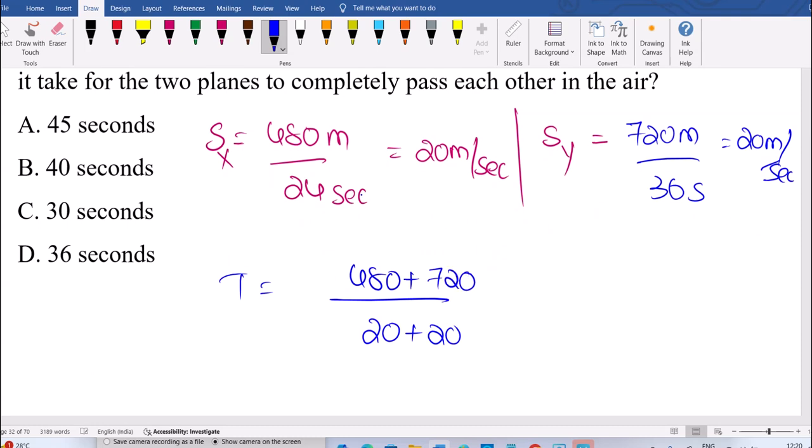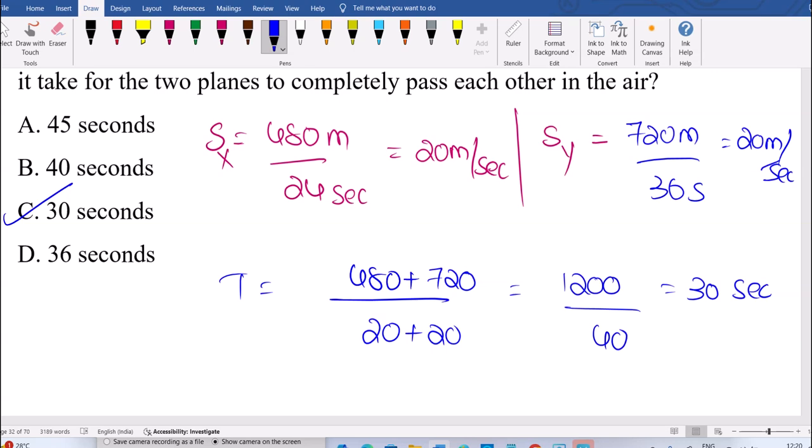Why are speeds added? Because they are in opposite directions. And distance, because previously the tower length or pole length is negligible. Now a train is crossing another train. We cannot neglect it. So this train plus the other object. That object may be a bridge, it can be a platform, it can be another train.